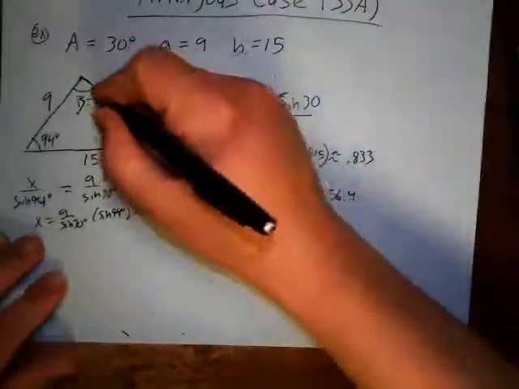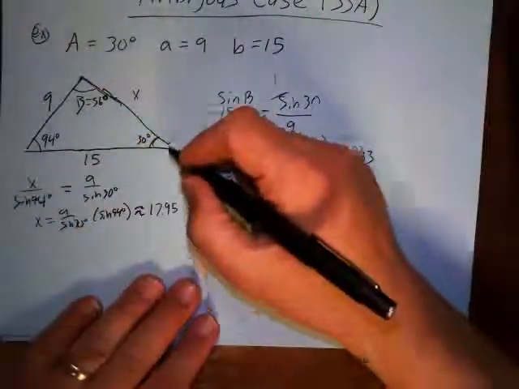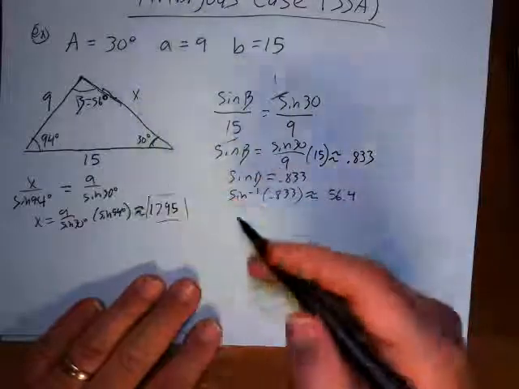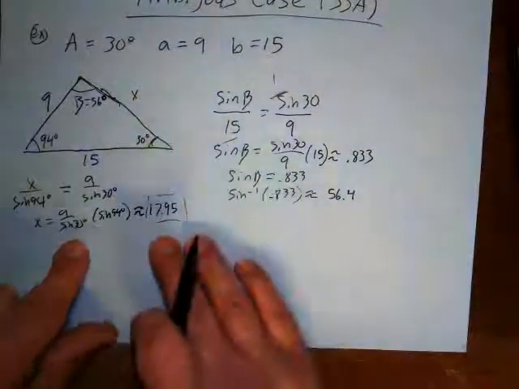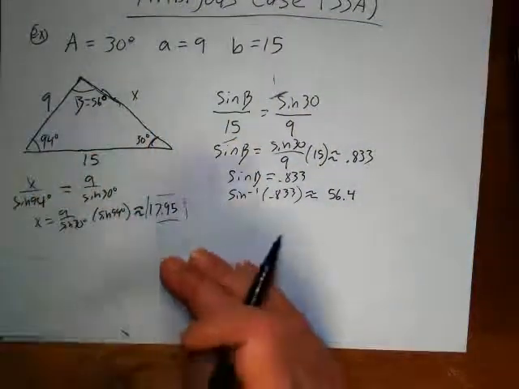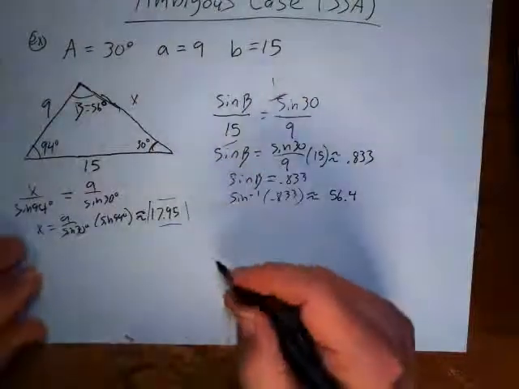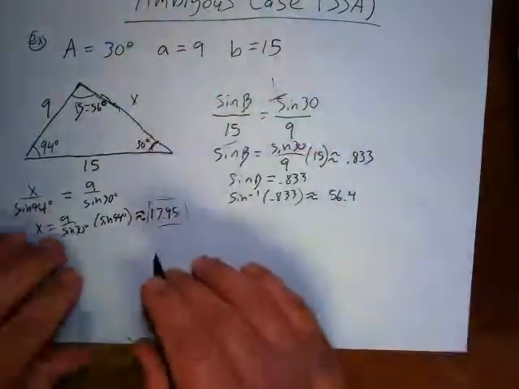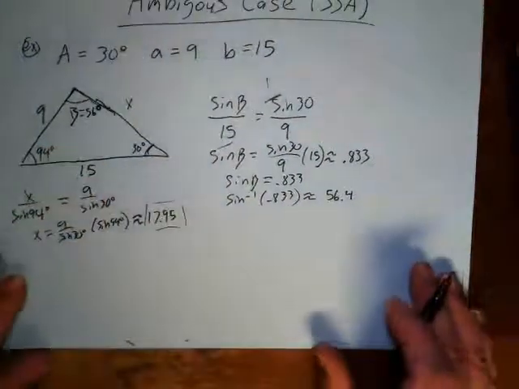Again, this side doesn't look much longer than this, but it is telling me that it is longer. This isn't necessarily the right triangle, but that would be the solution for that triangle.